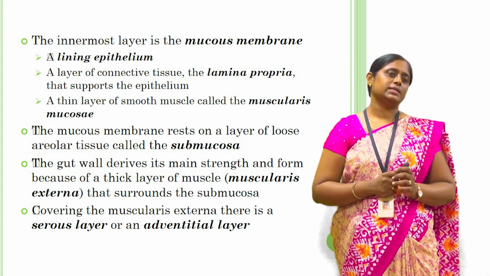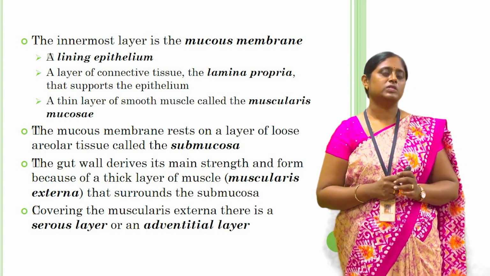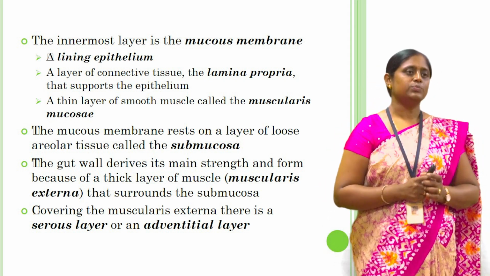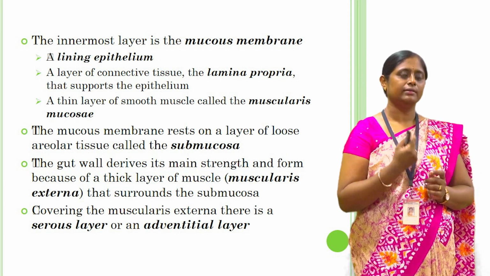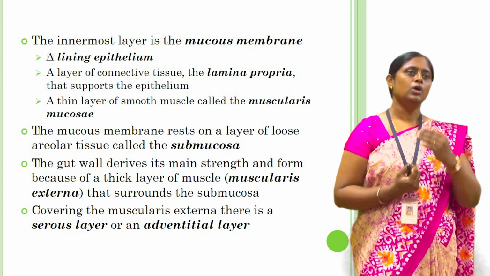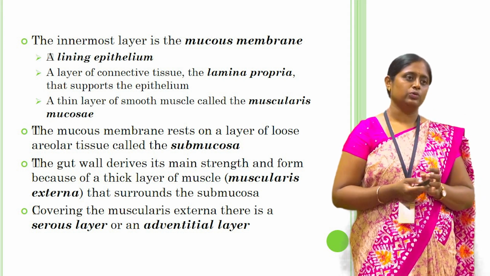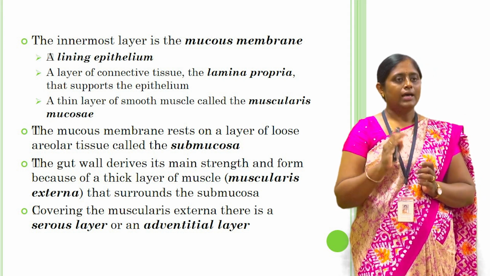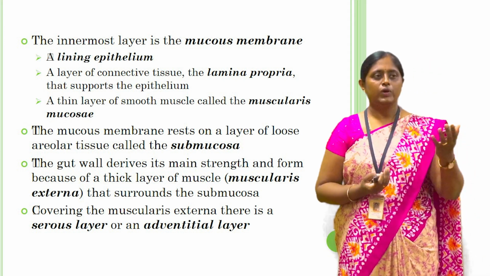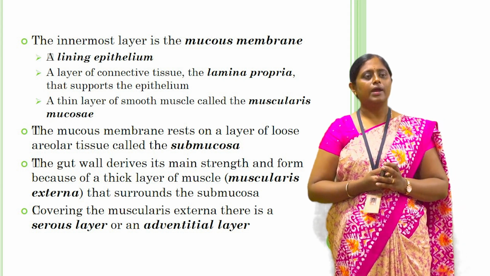This muscularis externa is mainly made up of circular and longitudinal muscle fibers. And these muscle fibers give the thick layer, which acts as the supporting layer for the mucosa as well as the submucosa region. And the last, outermost covering of this gastrointestinal tract, we call the serous layer or adventitial layer.